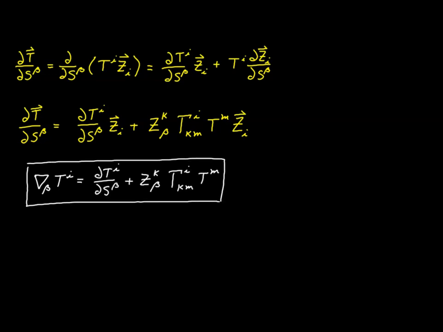And with that, we can rewrite this expression using the new operator. So we'd have the partial of our vector t with respect to s beta equal to this new operator times the covariant basis vector zi, which of course was not part of the definition.